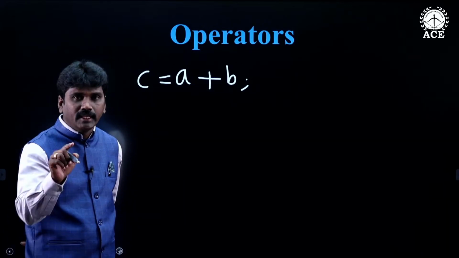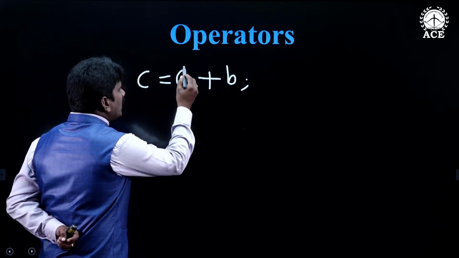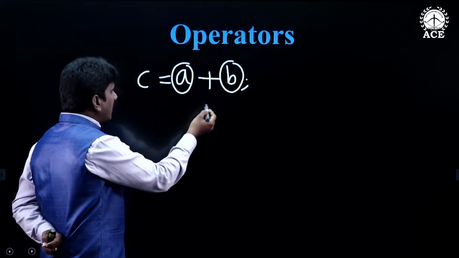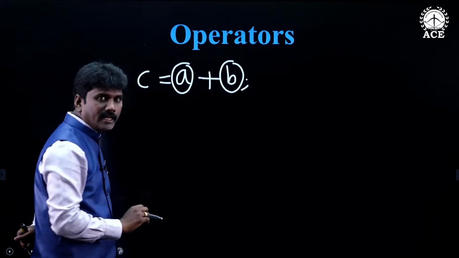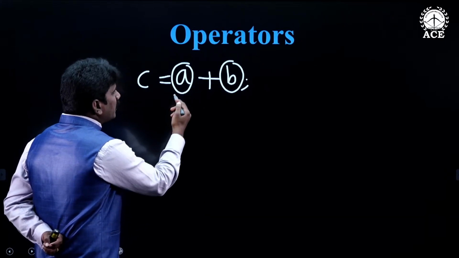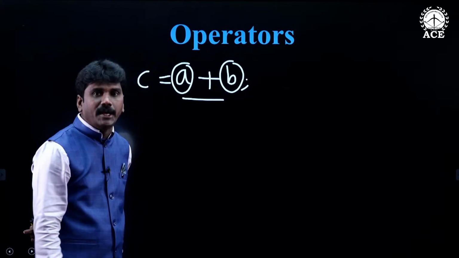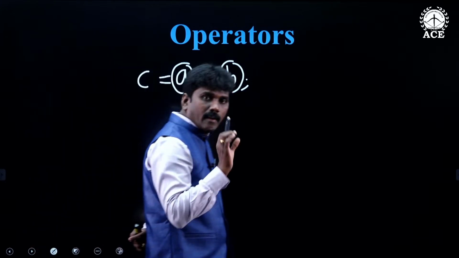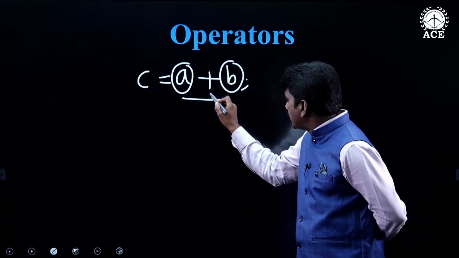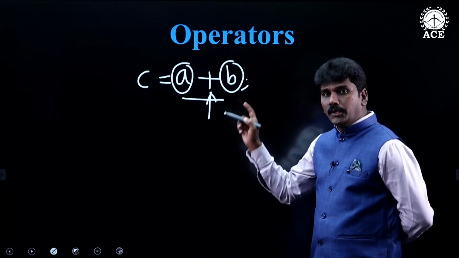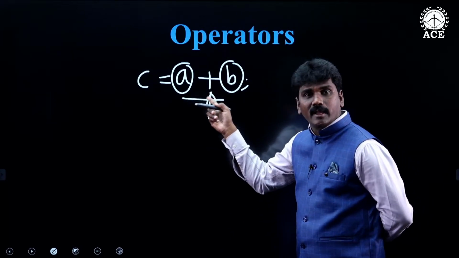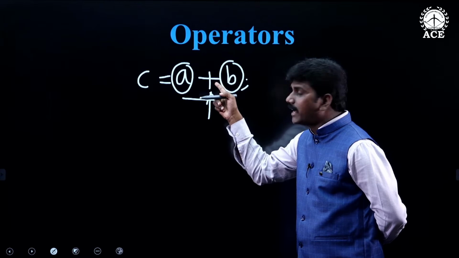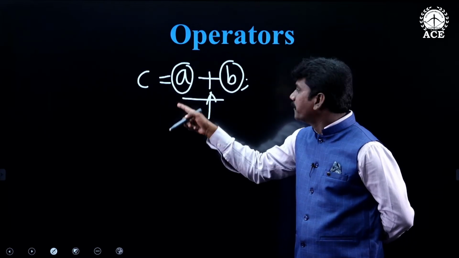Here we are using A and B as two operands. Suppose A contains some value and B contains some value. Based on those values we do the operation called addition. So here plus is an operator used to perform addition with the help of operands, and whatever result we get, we store in another variable C.